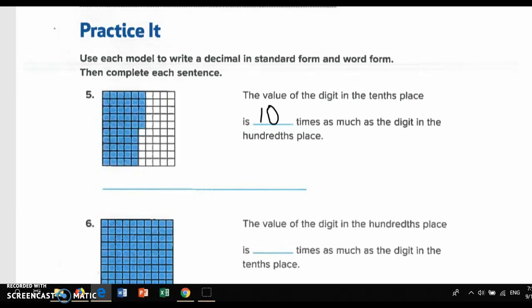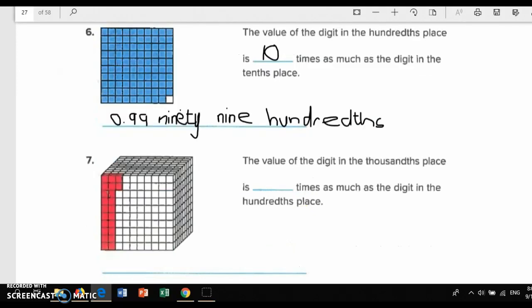The value of the digit in the tenths place is 10 times as much as the digit in the hundredths place. We write it as 0.55 in the standard form. In words, we write 55 hundredths. The value of the digit in the tenths place is 10 times as much as the digit in the hundredths place.